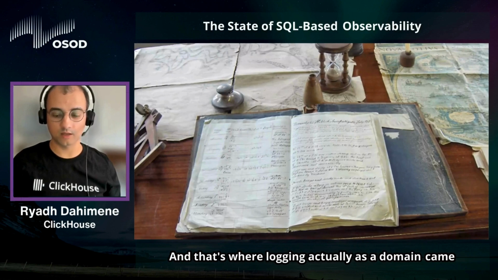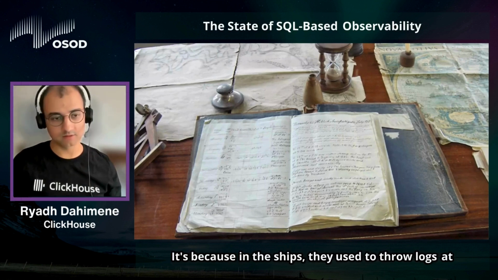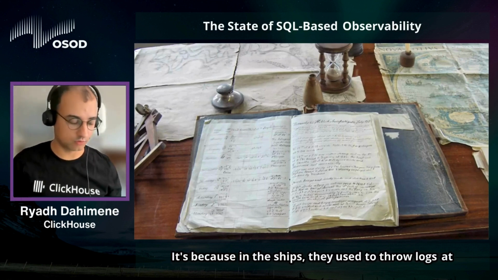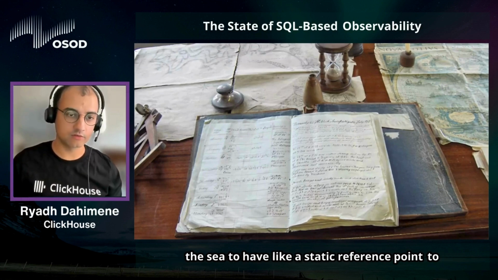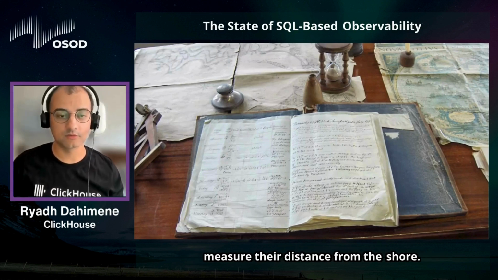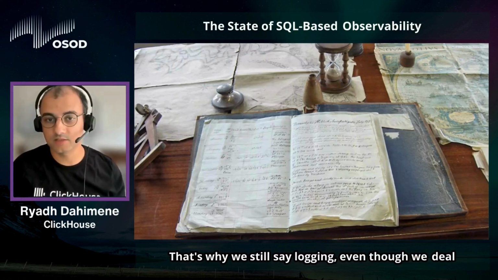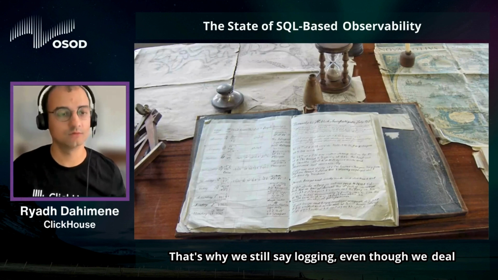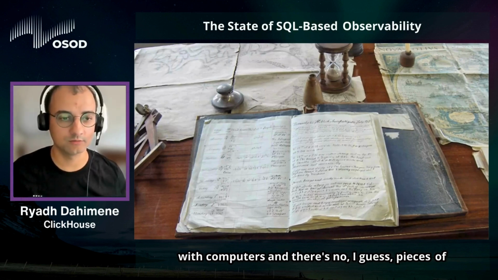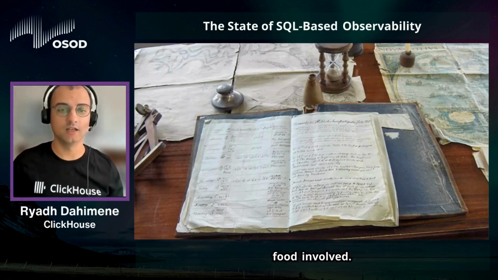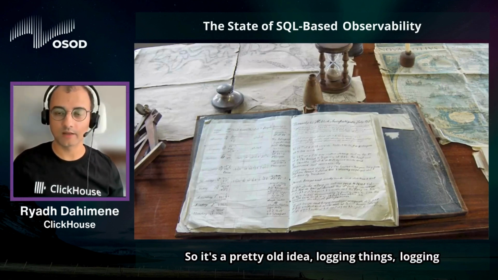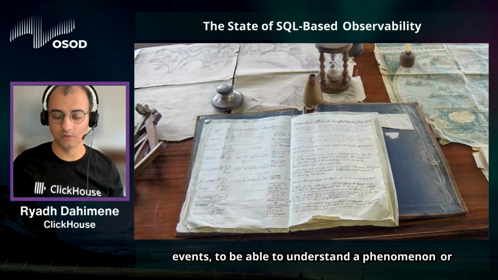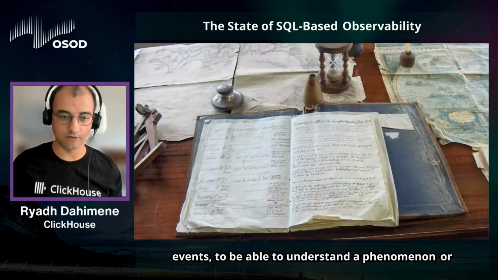And that's where logging as a domain came from. On ships they used to throw logs into the sea to have a static reference point to measure their distance from the shore. That's why we still say logging, even though we deal with computers and there are no pieces of wood involved. So it's a pretty old idea, logging events to be able to understand a phenomenon or monitor a situation.